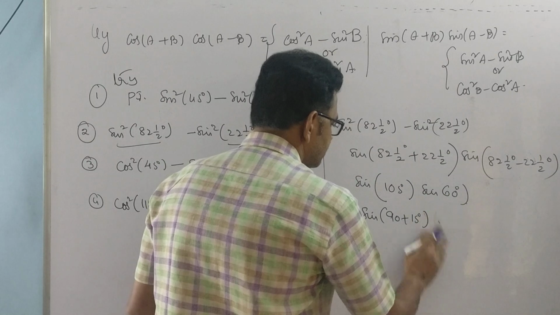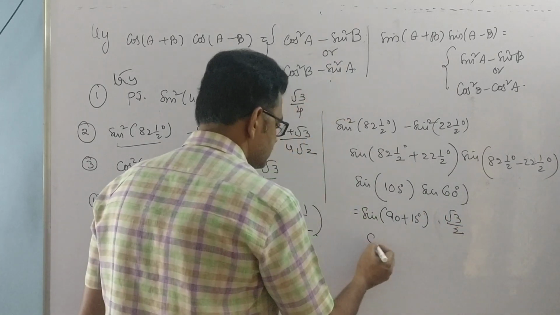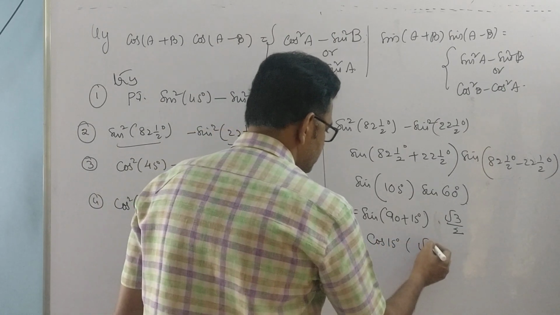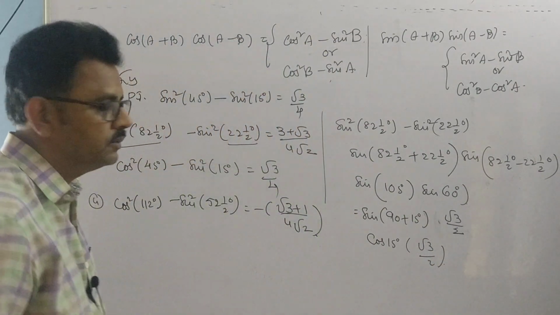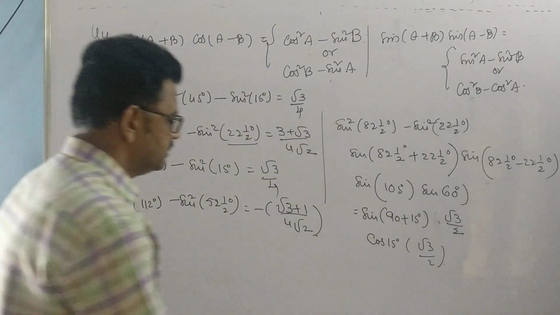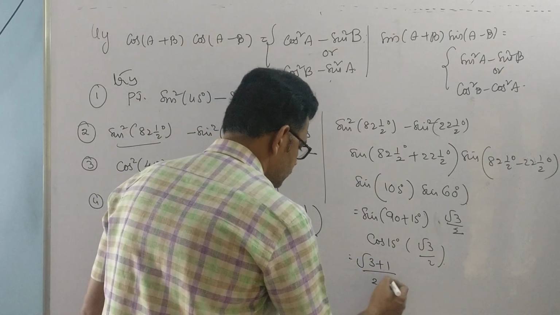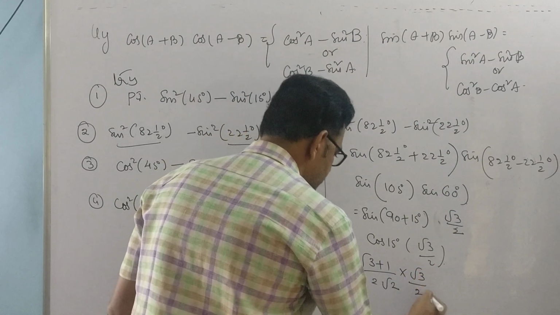into sin 60. What is the sin 60 value? Root 3 by 2. So this is cos 15 degrees into root 3 by 2. You know the value of cos 15. So this is root 3 plus 1 by 2 root 2 into root 3 by 2.